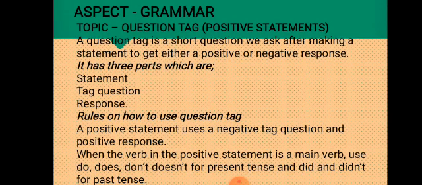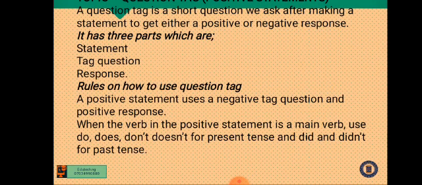Then, number 2. When the verb in the positive statement is a main verb, use doesn't or don't for present tense and didn't for past tense. Are you following this lesson? I said a positive statement uses a negative tag question and a positive response.